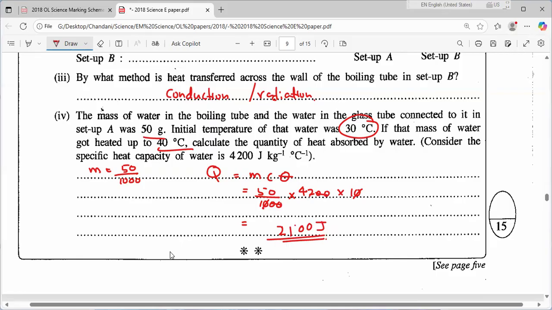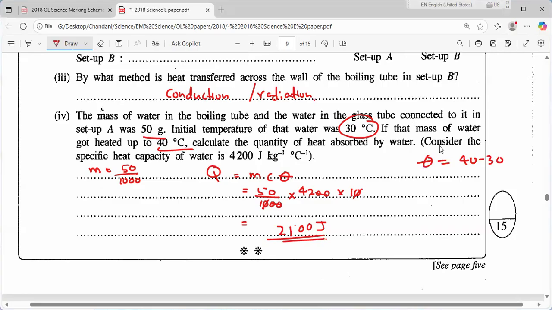Q equals mc theta: m for the mass, you need to convert that into kilograms, don't forget it, c for the specific heat capacity, and theta for the temperature difference. Here the final temperature is 40 Celsius, the initial temperature is 30, then theta we can calculate by 40 minus 30.